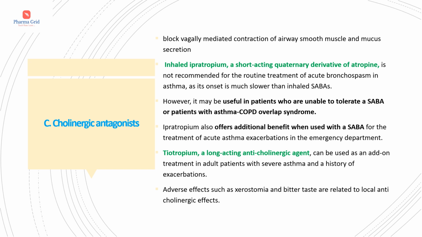Tiotropium is a long-acting anticholinergic agent that can be used as an add-on treatment in adult patients with severe asthma and a history of exacerbations. Adverse effects such as xerostomia, which means dry mouth, and bitter taste are related to local anticholinergic effects. So the drugs under cholinergic antagonists include ipratropium bromide and tiotropium bromide; ipratropium is short acting whereas tiotropium is long acting.